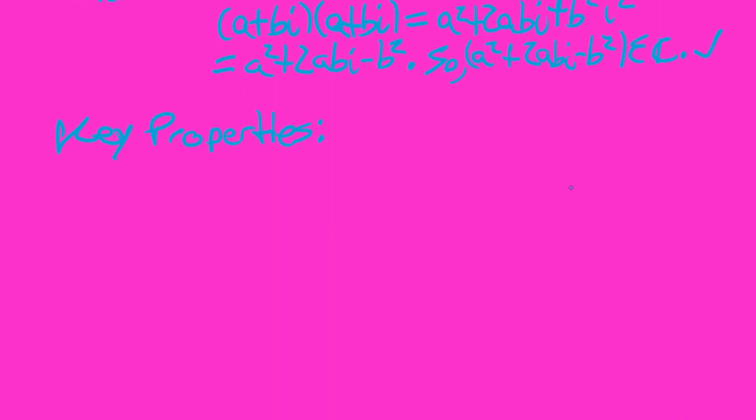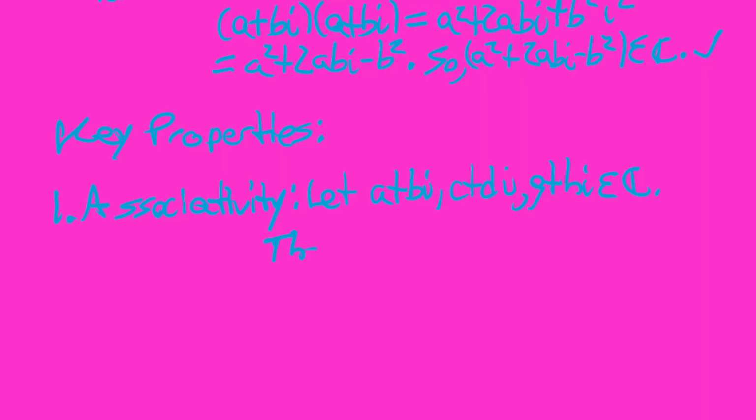Okay, now our key properties. So let's look at associativity. So let's let A plus BI, C plus DI, and G plus HI be complex numbers.